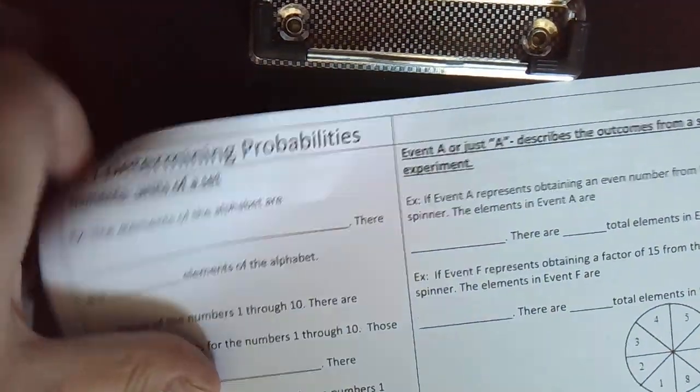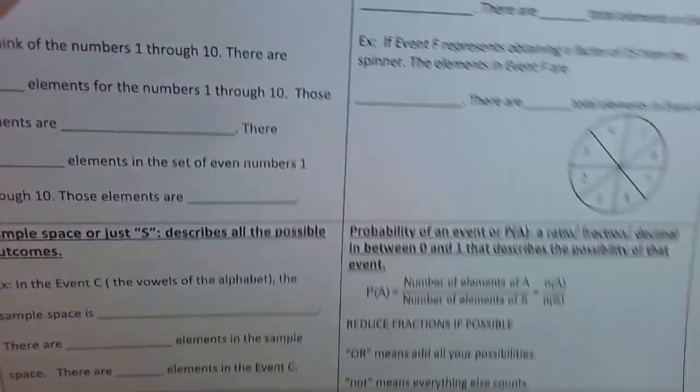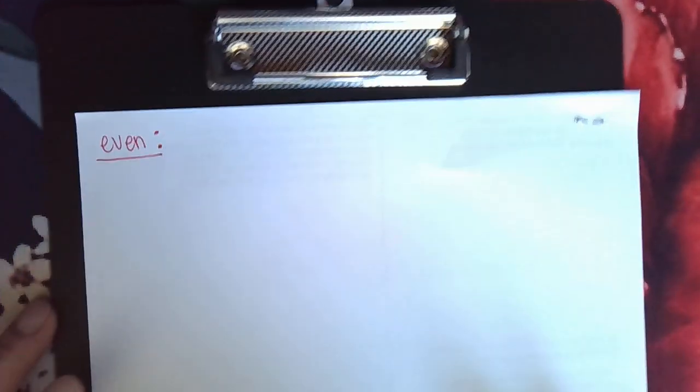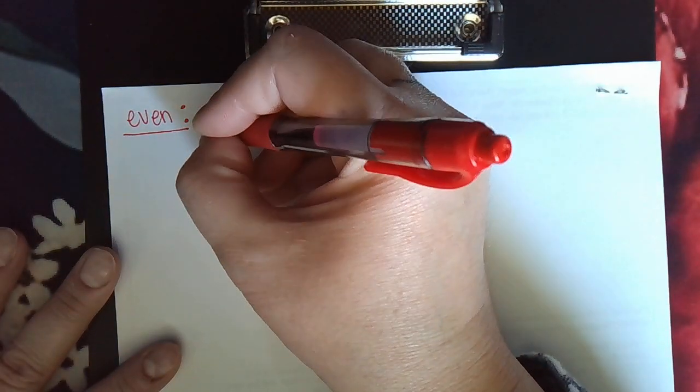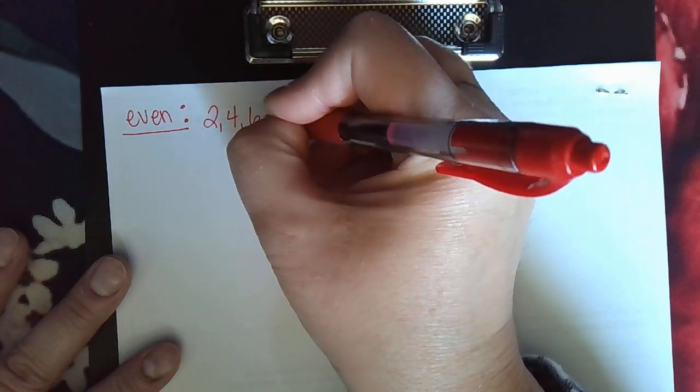First, before we get started on the fill in the blank notes, let's turn it over and write some vocabulary that we are supposed to have already known. Most of these you know, and you don't have to write all of these down because some of them are obvious. Even numbers, we know what those are: 2, 4, 6, 8.